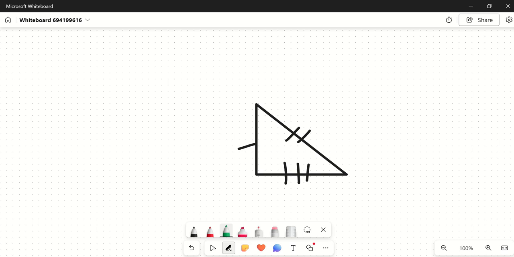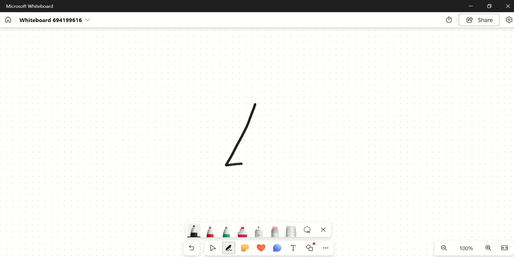That means that all 3 lateral faces will also be different, because this measurement and this measurement and this measurement are all 3 different. And remember, if you have an equilateral triangle at the bottom, meaning that all 3 sides are the same, that means that all 3 lateral faces will also be equal. They'll all be the same.